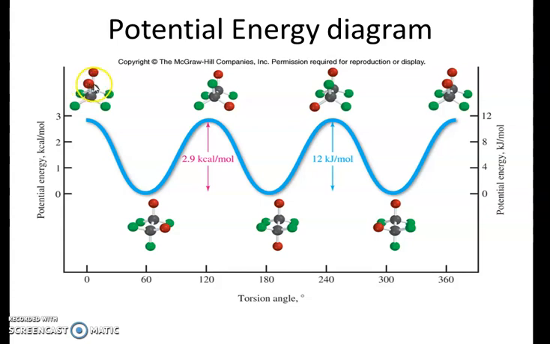As the front carbon is rotated, repulsion decreases because this CH bond, and not only this one but all the CH bonds, move away. The repulsion decreases, the potential energy also decreases, and we reach the most stable form, the staggered form. I mean not eclipsed, sorry, staggered form.